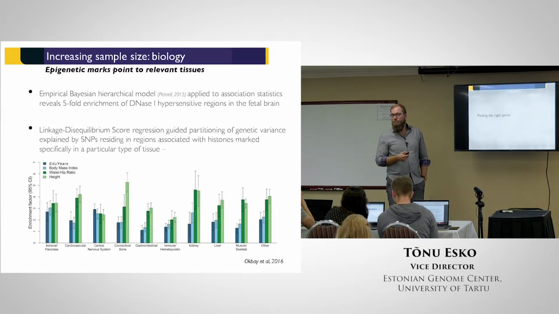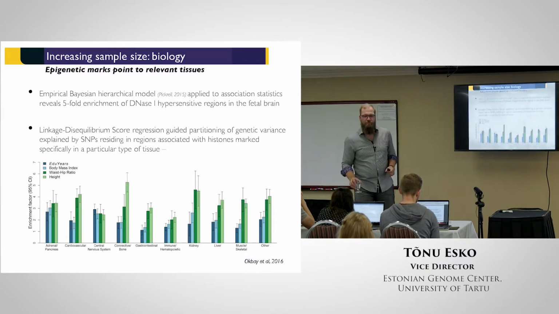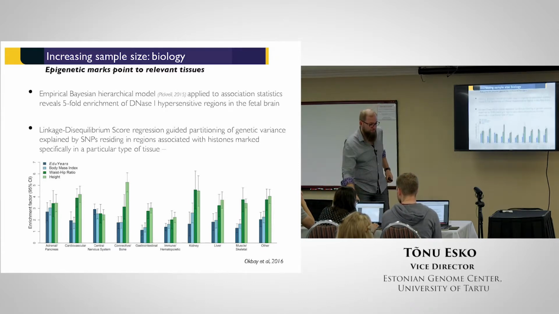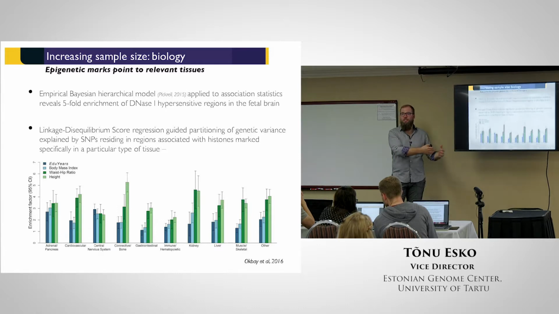So Tõnu, just want to point out that the method you're showing here, the statistical results are from partitioned LD score regression, which Raymond talked about. Yeah, I'm not even trying to explain the mathematics here, but one thing is to see the mathematical algorithm, and what we can theoretically do with it.